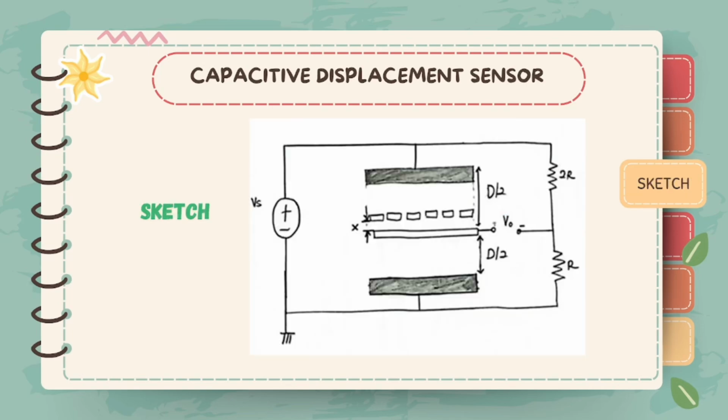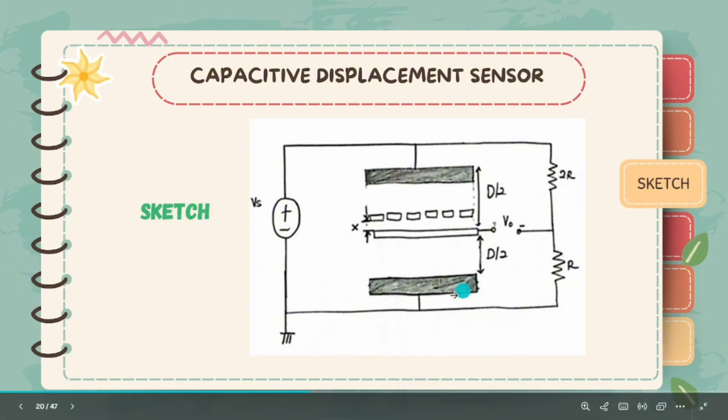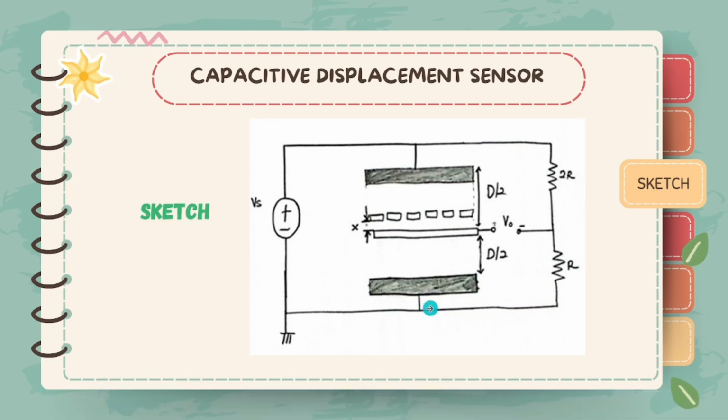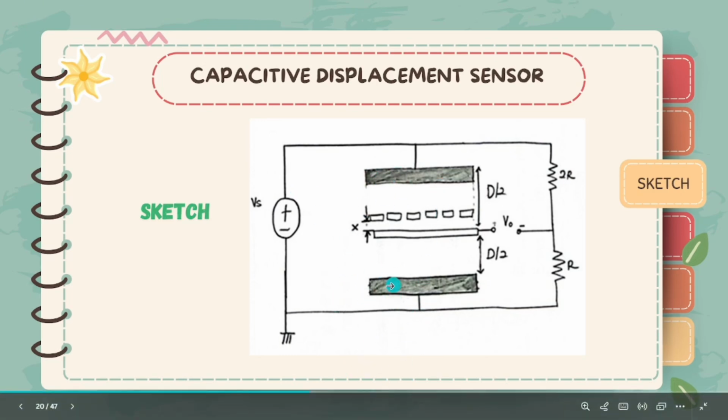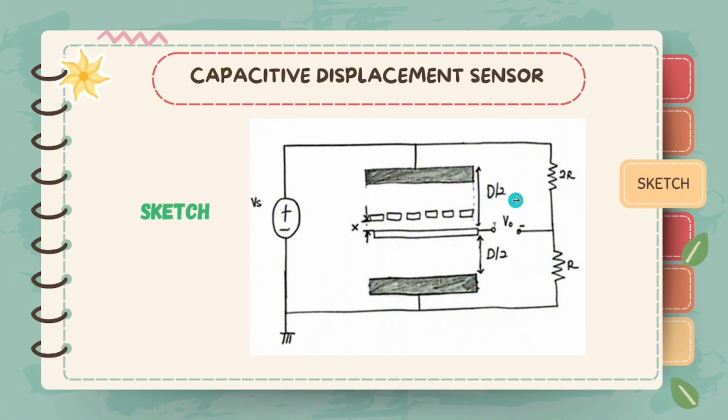And this is the sketching part. The sensor is basically two capacitor plates, top and bottom. This is the distance, d over 2, as I explained in the formula.